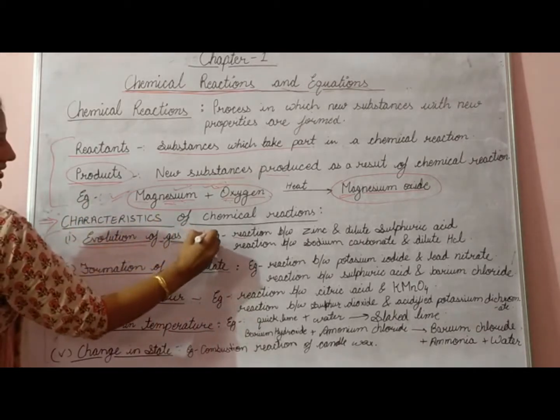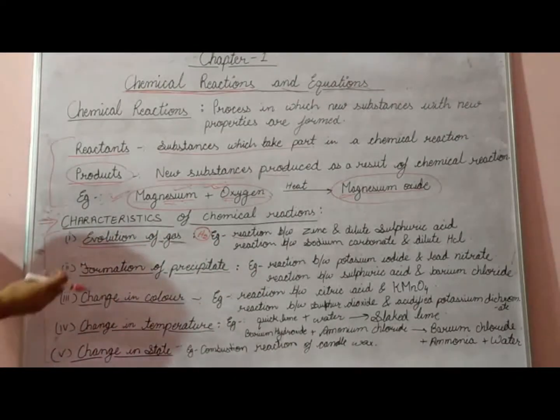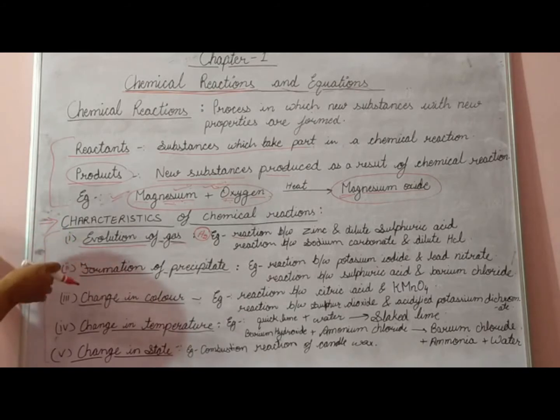When hydrogen gas evolves, some bubbles are observed in the test tube. From that we come to know that if evolution of gas has taken place, obviously the reaction has occurred.